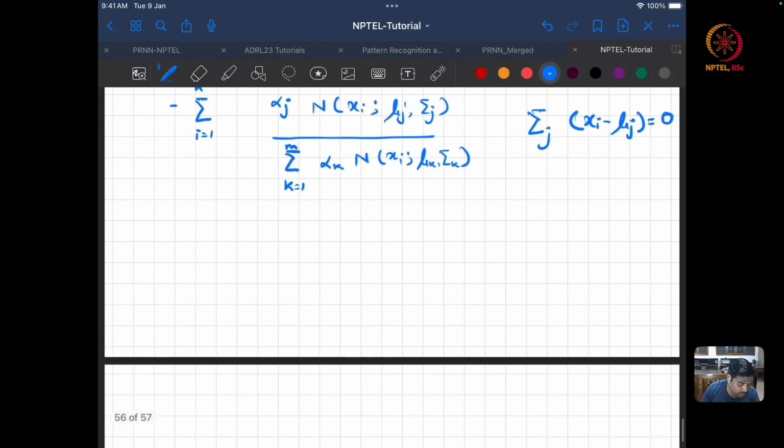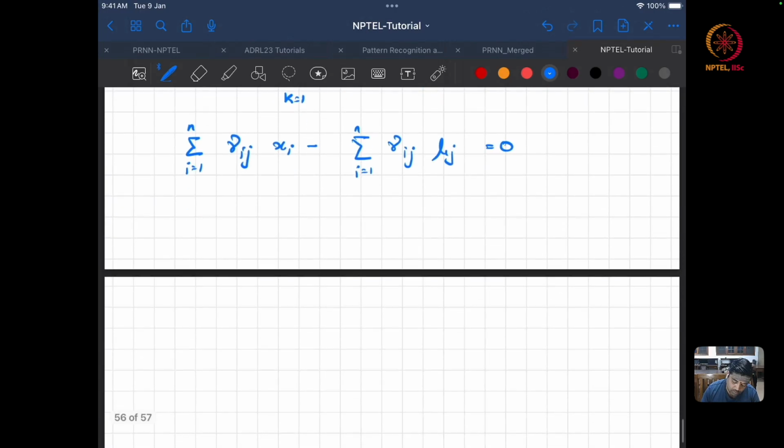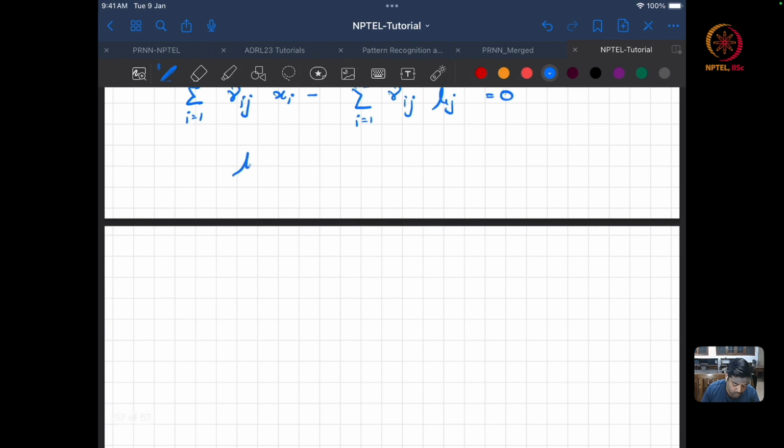Okay, so this will be the sum over i equals 1 to n, so minus the sum over i equals 1 to n, equal to 0. Now this will be the sum over i equal to 1 to n. Okay.